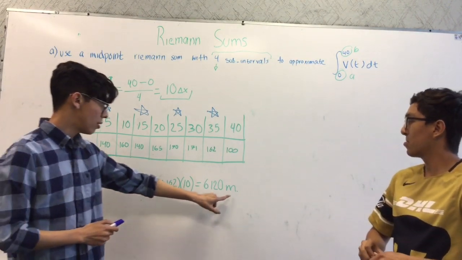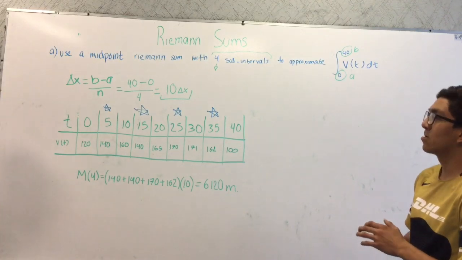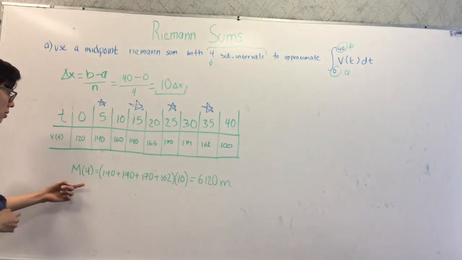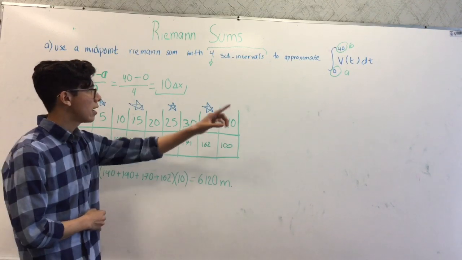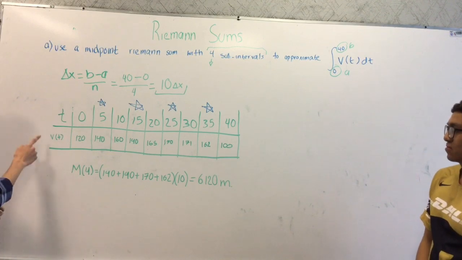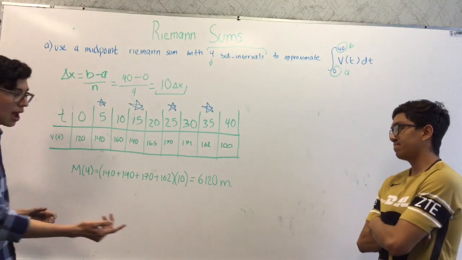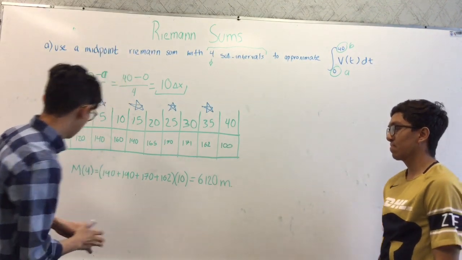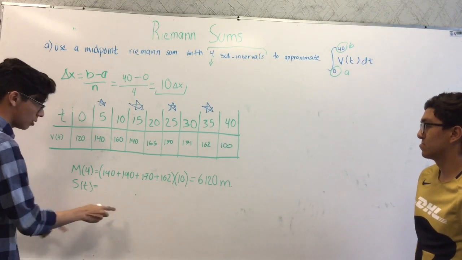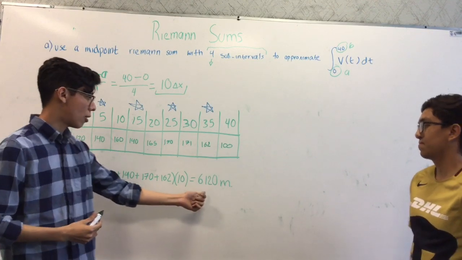The answer is in meters because the Riemann sum is like an integration. So we get the approximation of that integral, and as it is the integral of v of t, the answer is s of t. That means position. So that's why our answer is in meters.